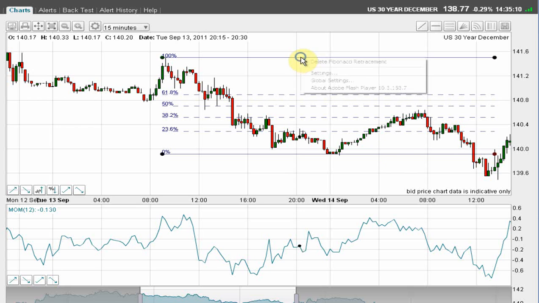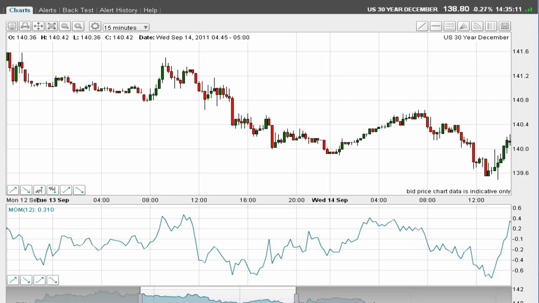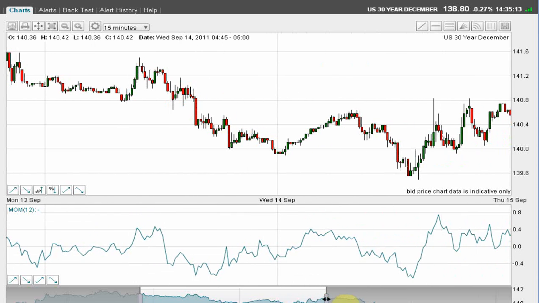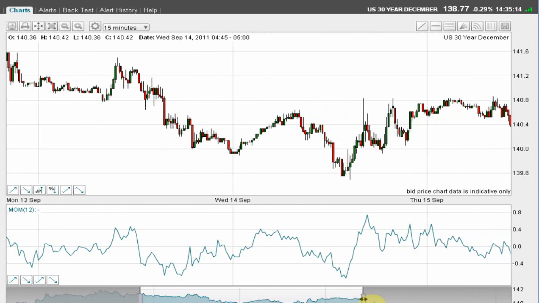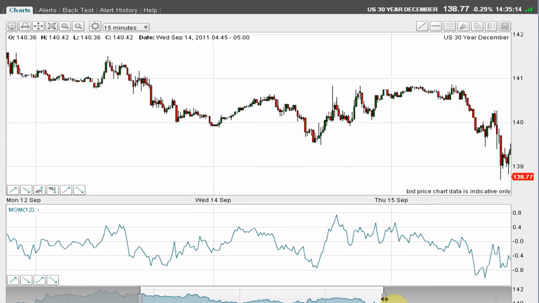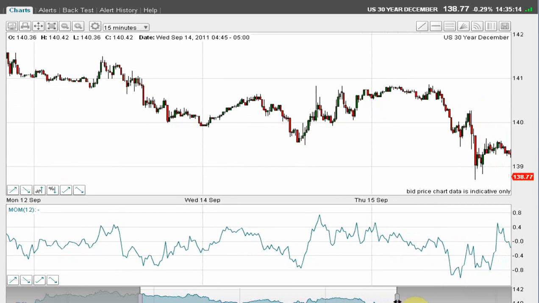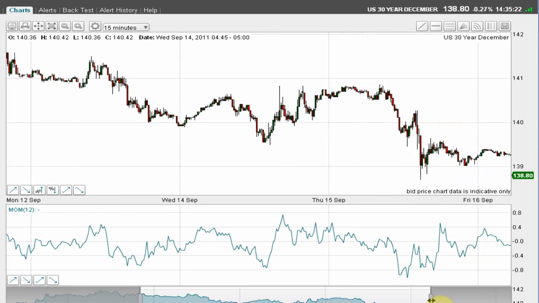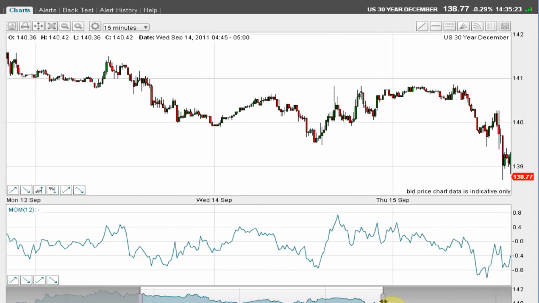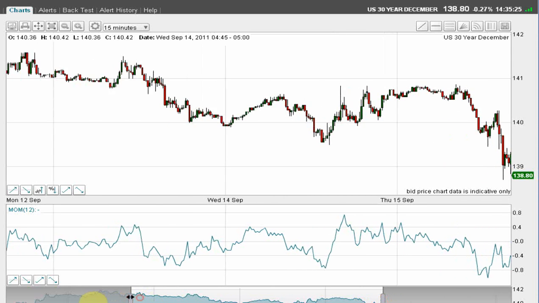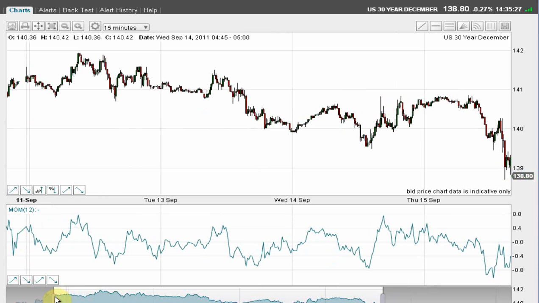Okay, let's get rid of that. I think there's possibly one more example in here. Look at this action here. This is quite remarkable, isn't it? It's quite spiky, the Treasury bond market. Right, here's the high. Let's go back to the actual high here, the previous high.